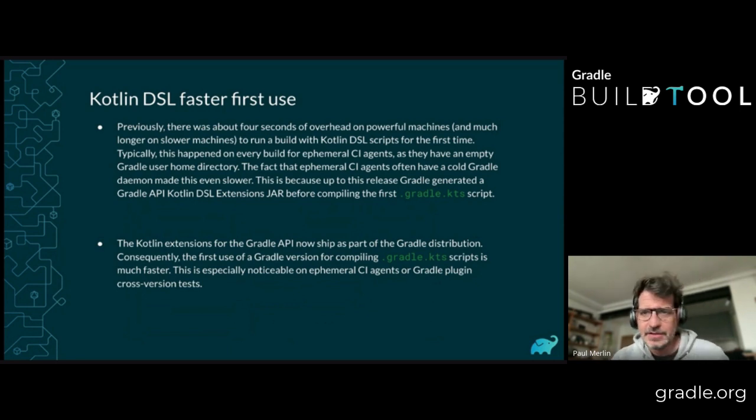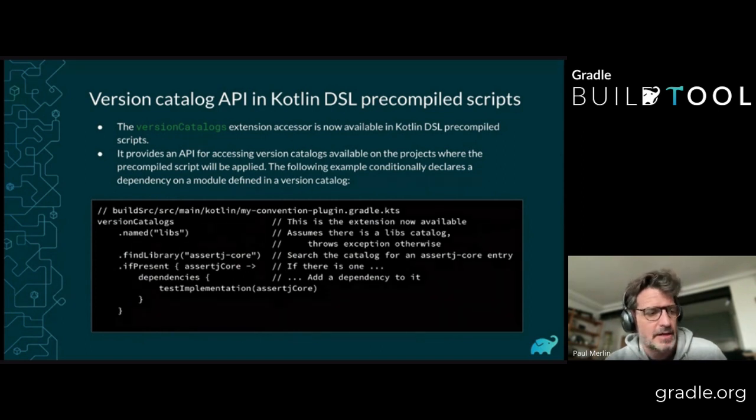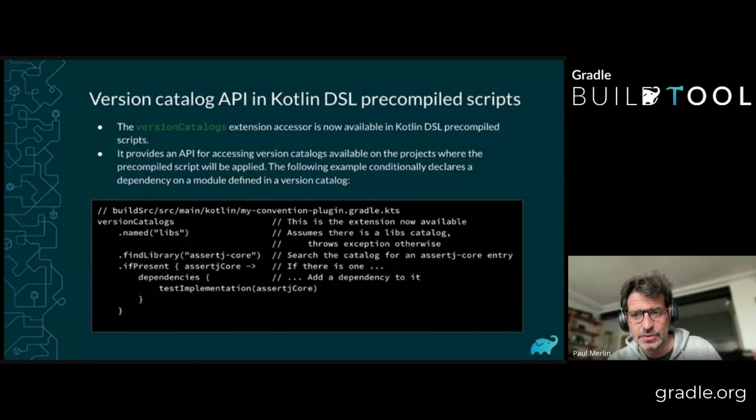Next slide. The second improvement we made to the Kotlin DSL is to provide convenient access to the version catalog API in precompiled scripts. It's different from the static accessors to version catalogs.